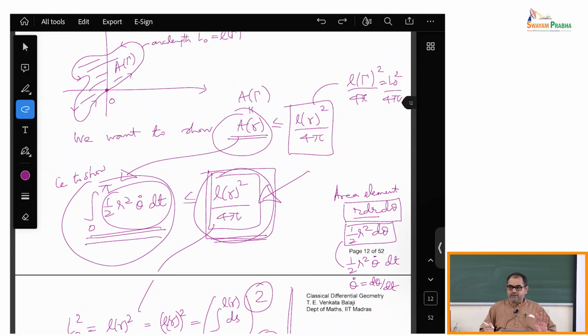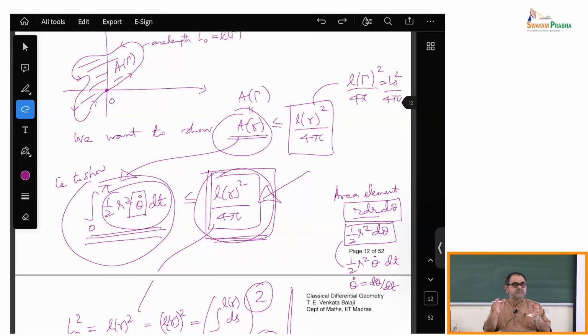The reason is, what you must understand is that if this theta dot is negative, that is if theta is decreasing, one should not confuse theta with t.